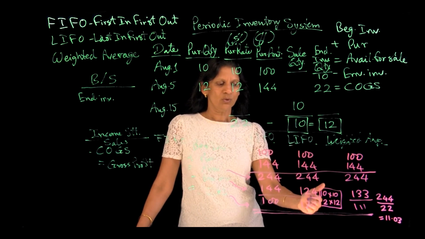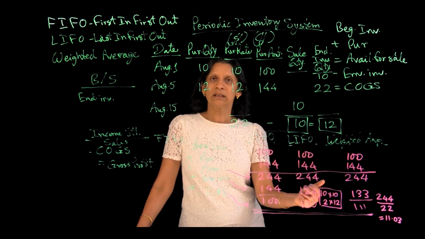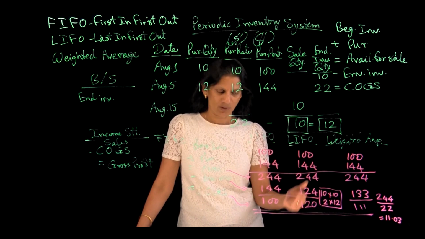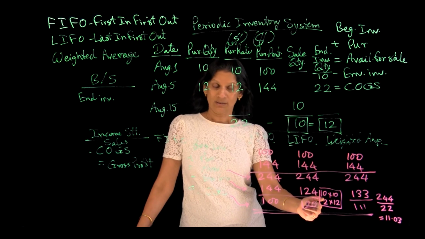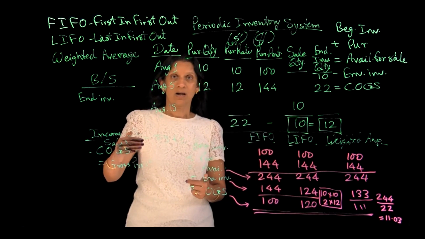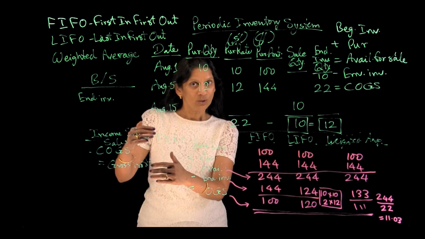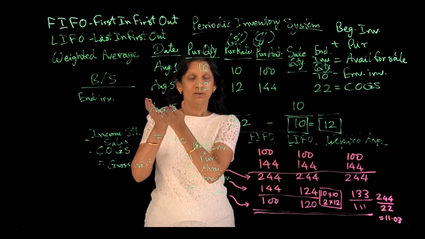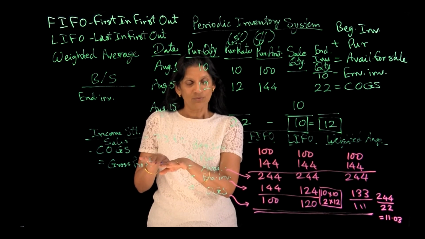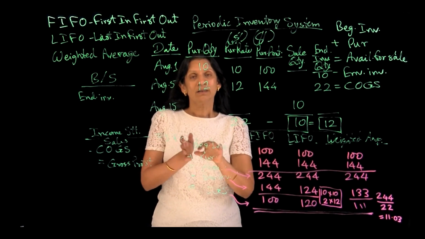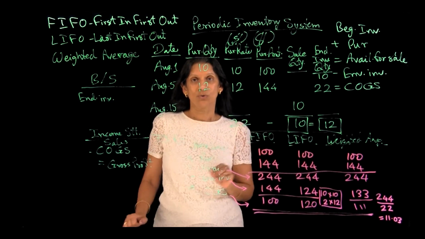So if I follow last in, first out in an increasing prices condition of the market, my cost of goods sold is going to be highest. When the cost is high, the profit is going to be low. Higher the cost, lesser the profit. Lesser the profit, lesser the tax implications of the business.